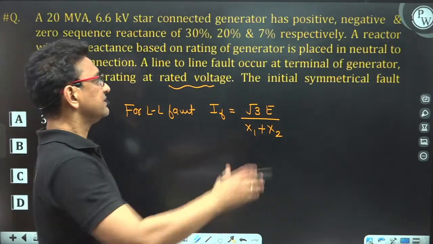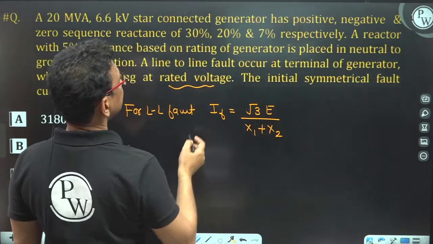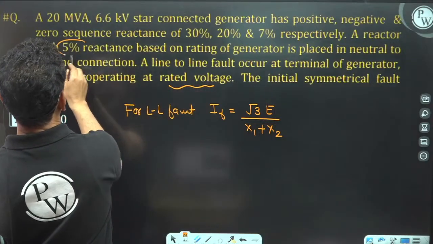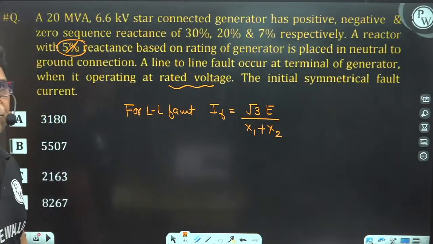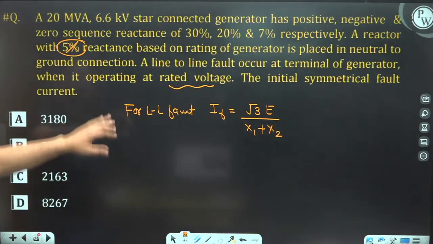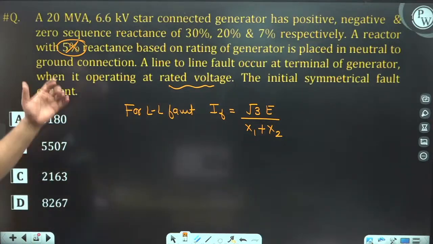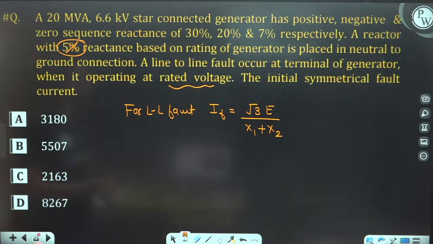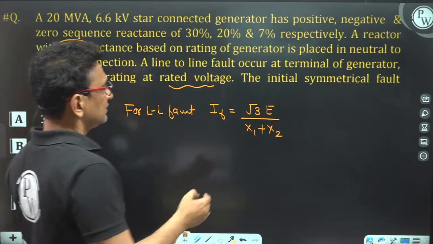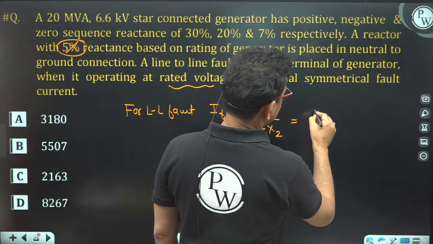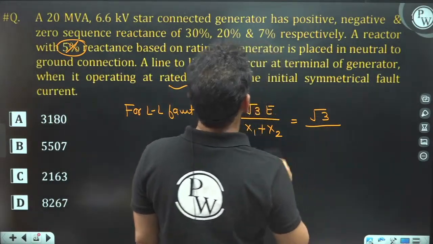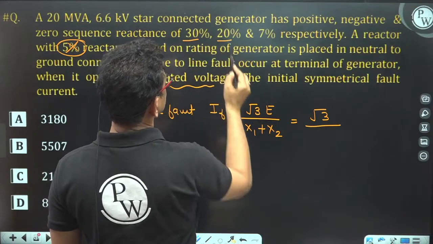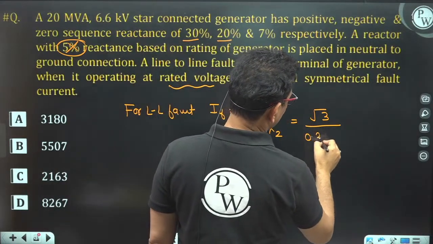When the zero sequence reactance is not coming into the picture, that means this neutral reactance also does not come into the picture. So do not confuse why this reactance is given. The generator is grounded through this reactance, but it will not come into the picture for the line to line fault. So root 3 E is root 3 only. X1 plus X2, 30% and 20%, becomes 0.3 plus 0.2.